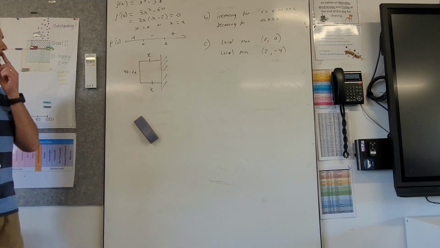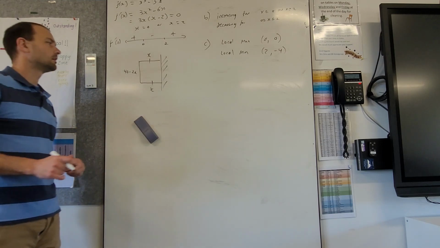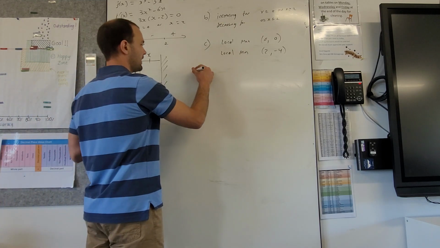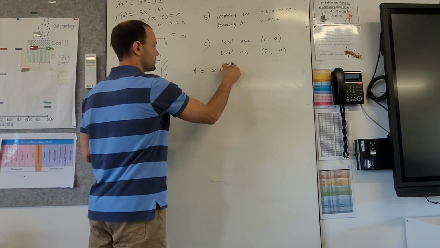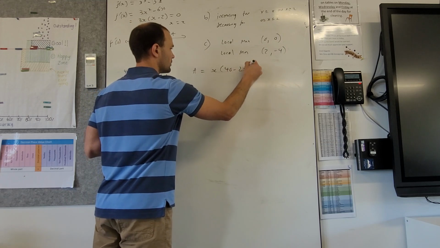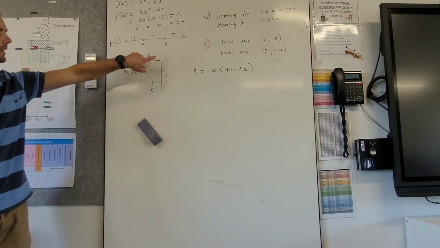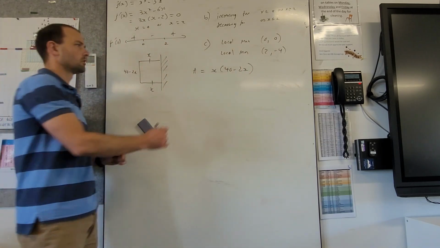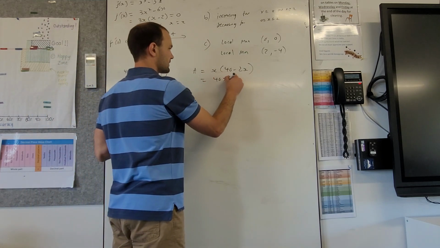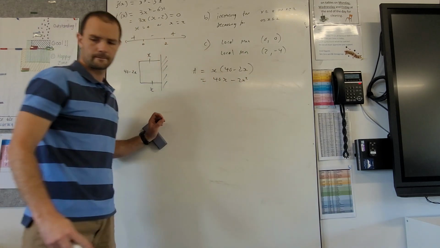All right. So the area then is X times 40 take 2X. All right, the length times the width, which is 40X take away 2X squared.